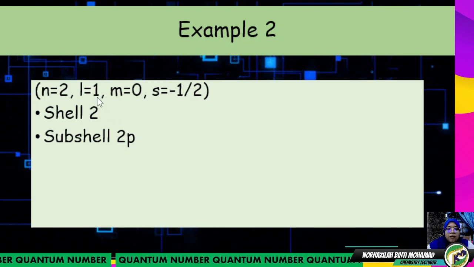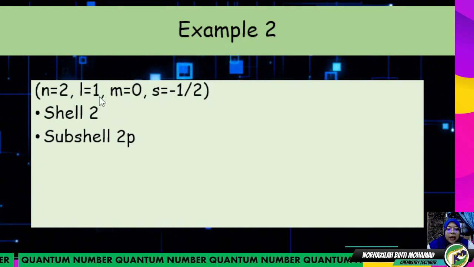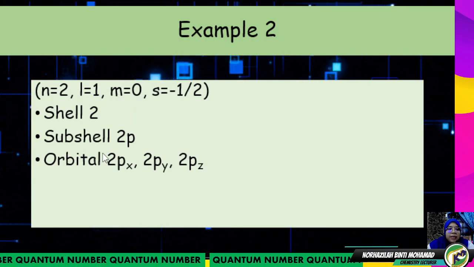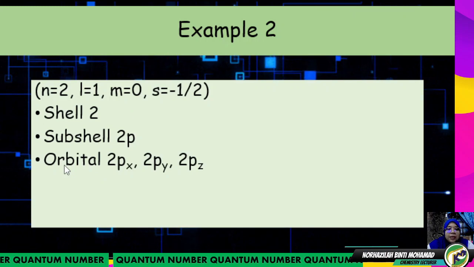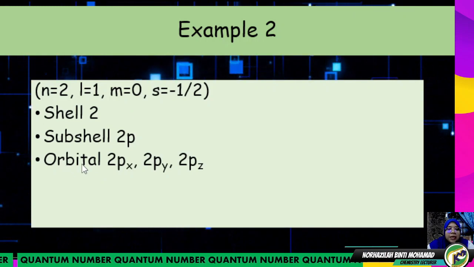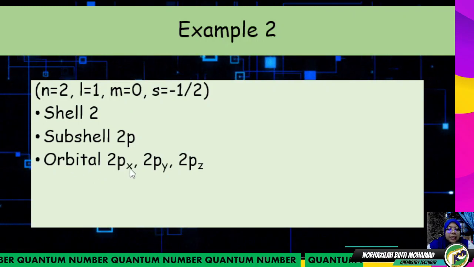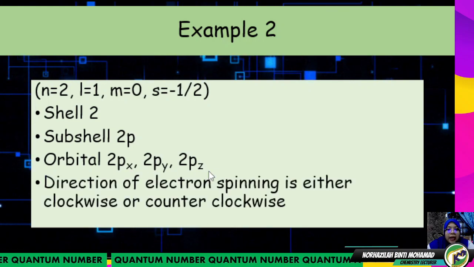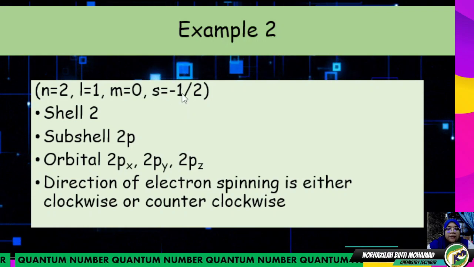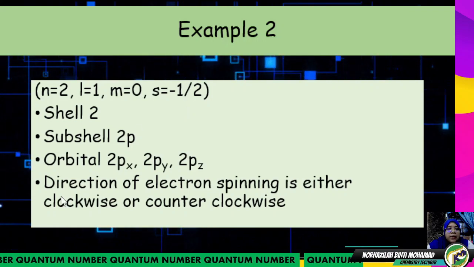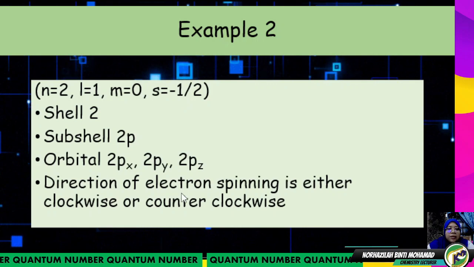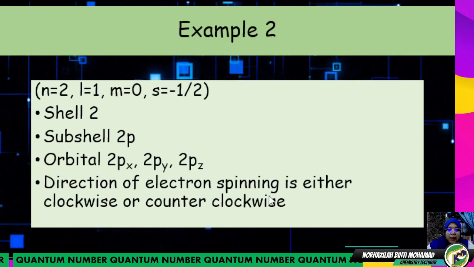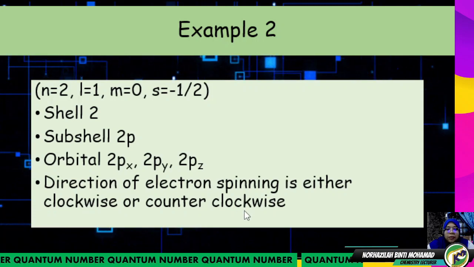Because the value of m equals 0, this electron is located in either orbital 2px, 2py, or 2pz. Then the s value, negative half, shows us the direction of electron spinning is either clockwise or counterclockwise. So you may choose one of the directions.